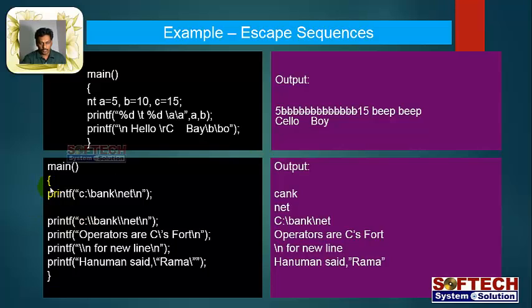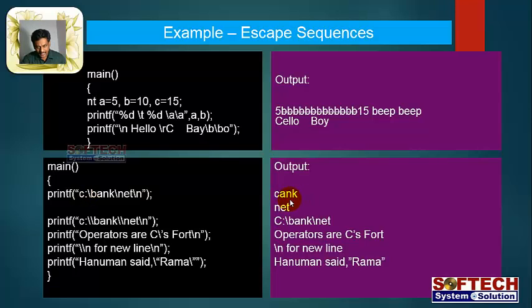Here is another program to understand the remaining escape sequences. printf("C:\bank\net\n"). So what is the output of this statement?